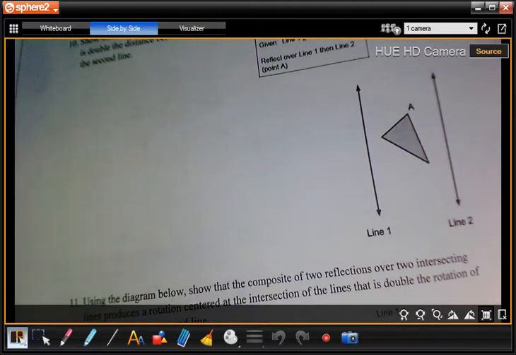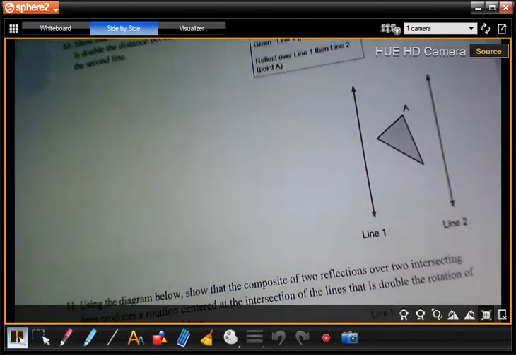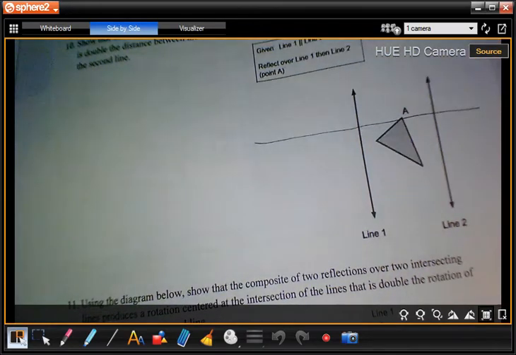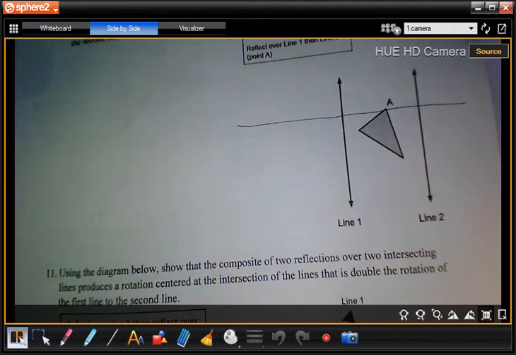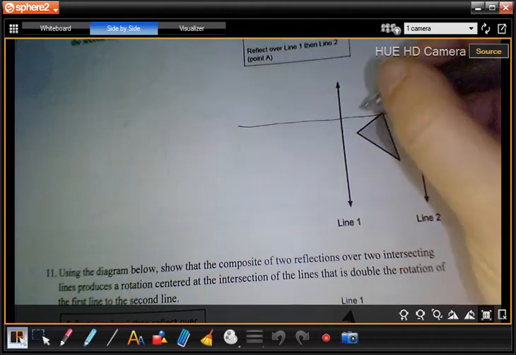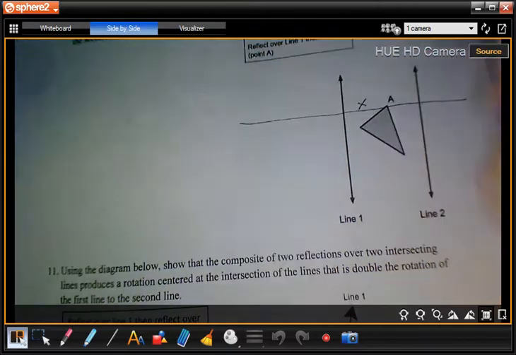Okay, next page. We've done quite a bit of these. First, we start with drawing a straight line that goes through A. There's no talking. We've tried to make this very specific, where we reflect over line 1 and then over line 2. A to line 1 is x. We reflect that over line 1.